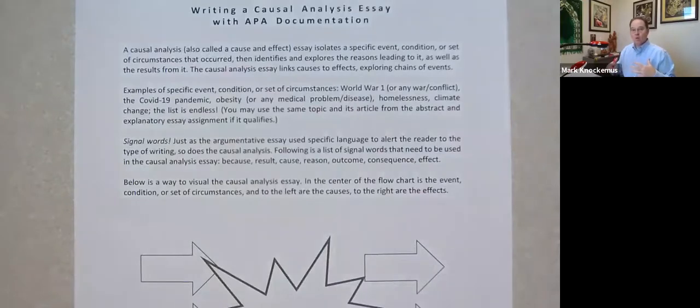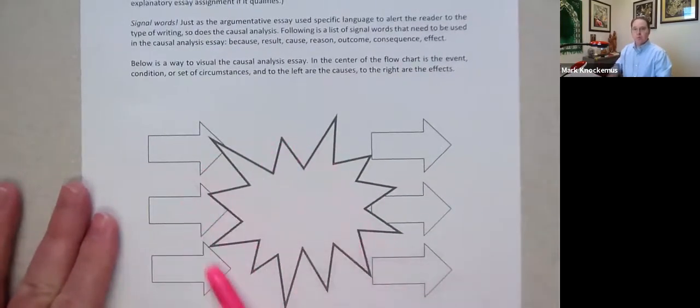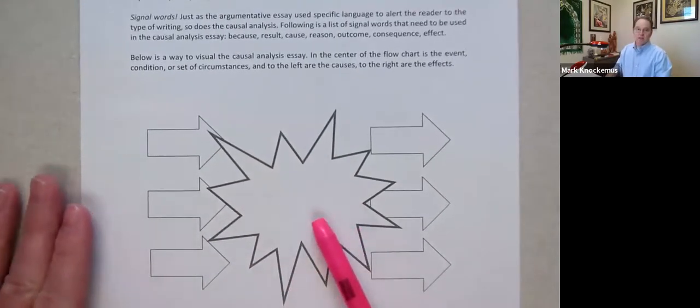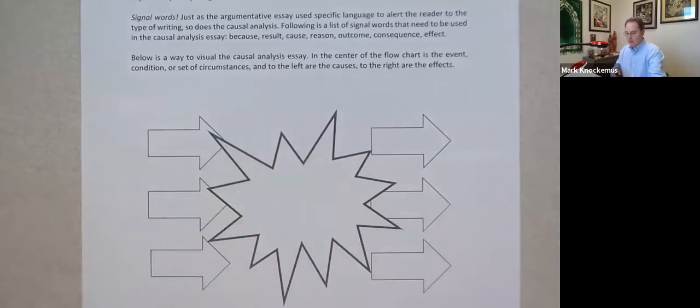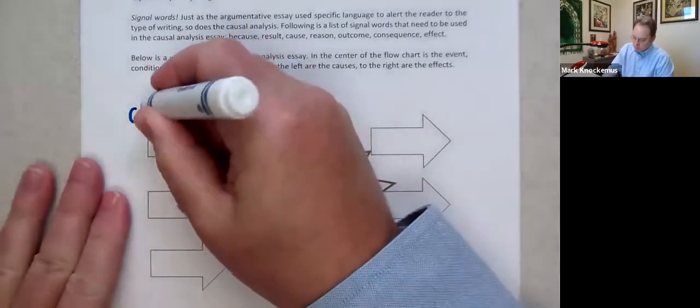Basically, our purpose in writing is to take a specific event, condition, or set of circumstances that's happened, and then, right, this little visual here, this starburst, would represent the specific event, condition, or set of circumstances that occurred.